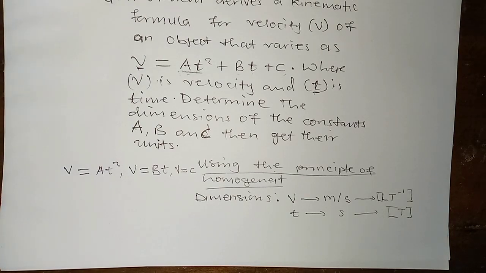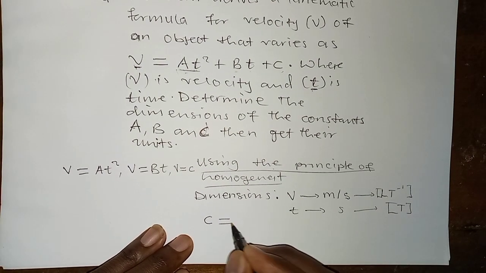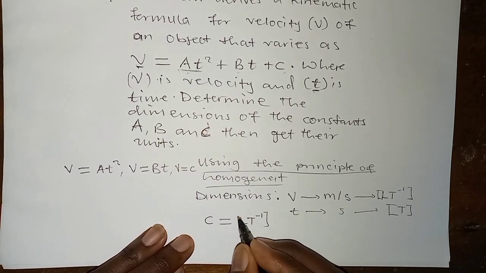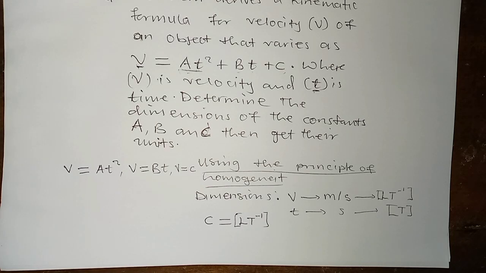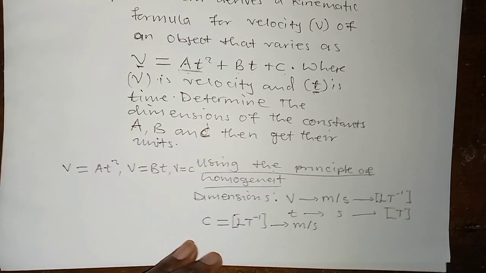This simply means c will have the same dimensions as those for velocity. So c must have the dimensions L T to the power negative 1. Since you want its SI units, c will have the same SI units as velocity, meaning the SI units for c are meters per second.